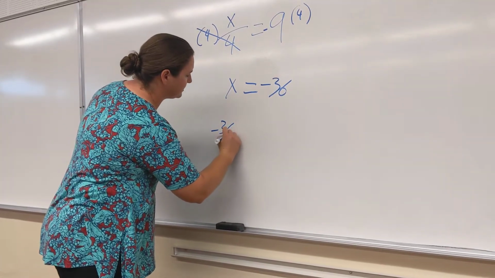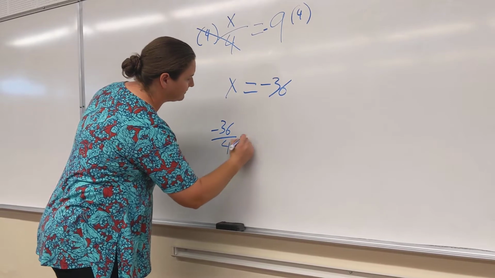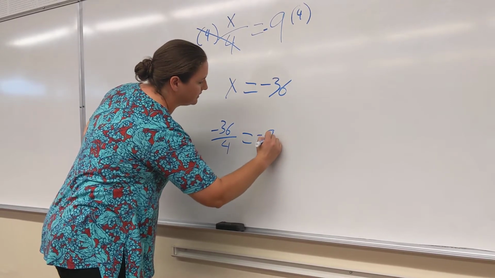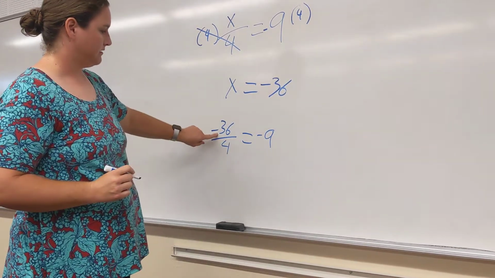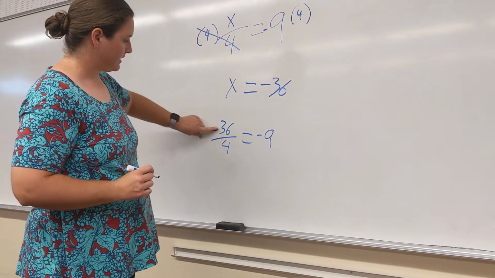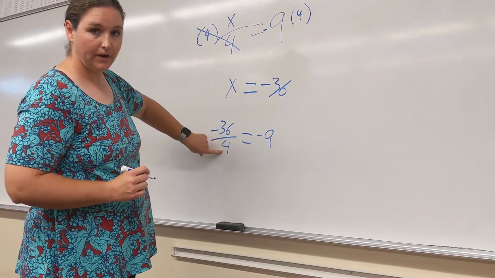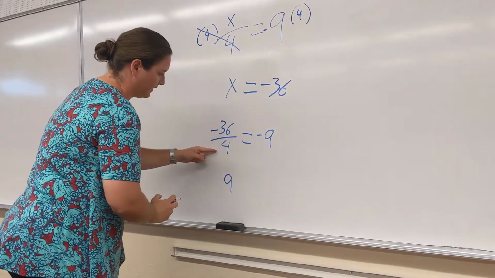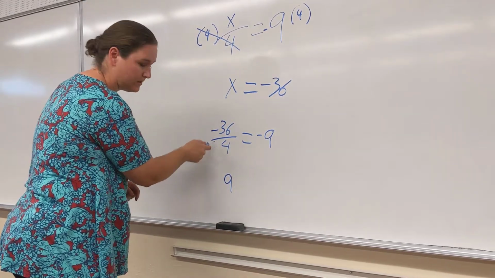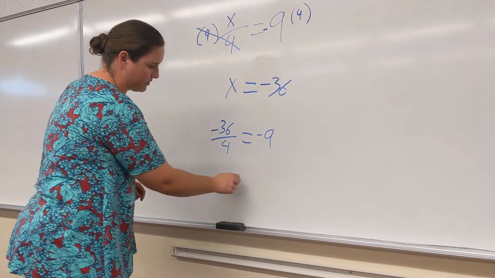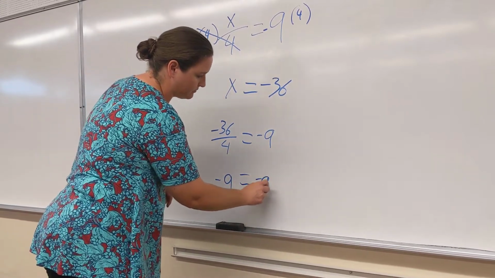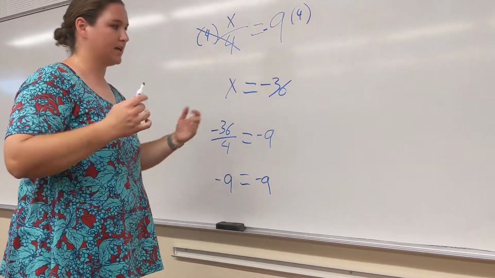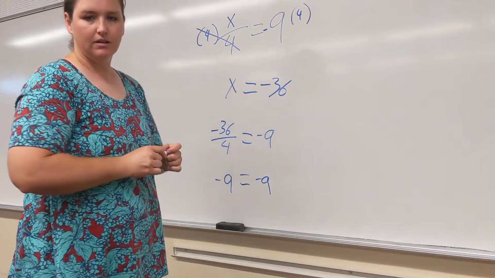Negative 36 divided by 4 equals negative 9. Let's see. 36 divided by 4 equals 9. Dividing a negative by a positive, we still end up with our negative. Negative 9 equals negative 9. It checks out. We got it. Good job.